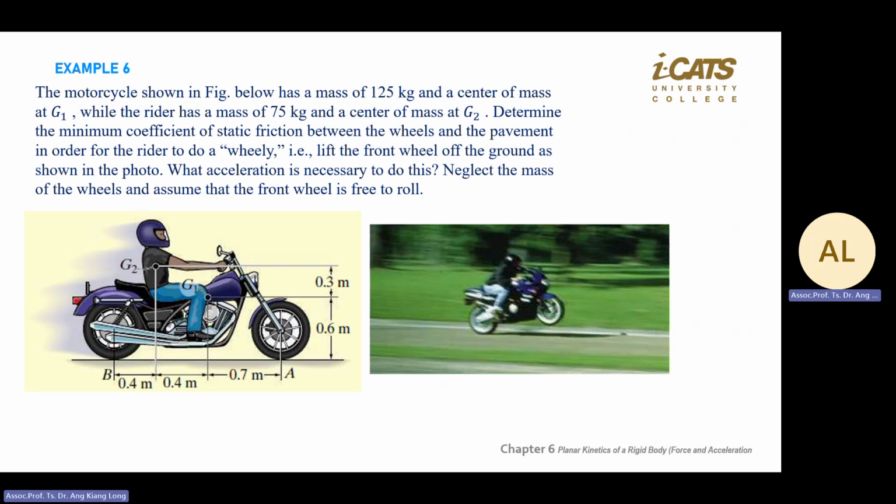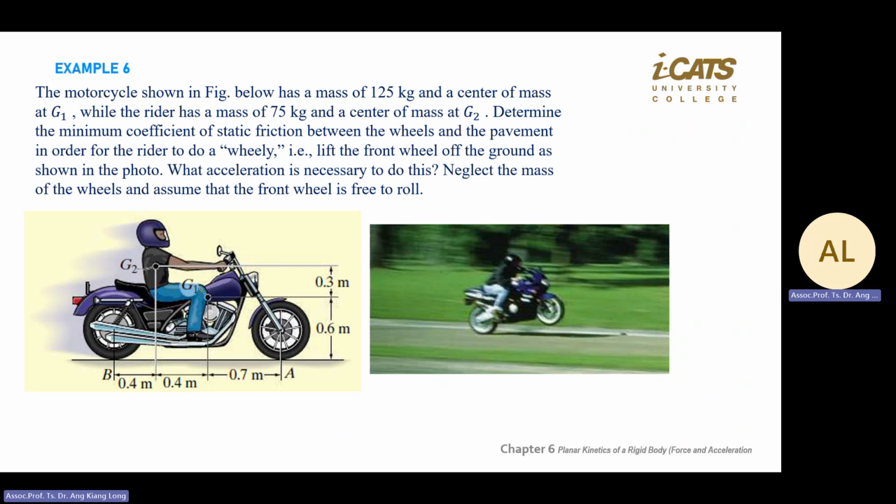You need to imagine the wheel turning like this to move forward, so the friction force points this way, because the wheel is turning clockwise. There's a resistance force on the wheel.